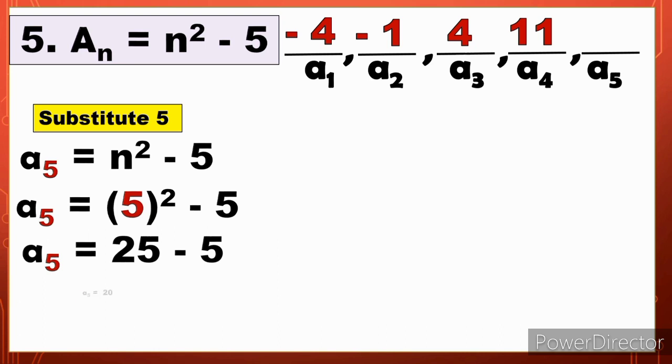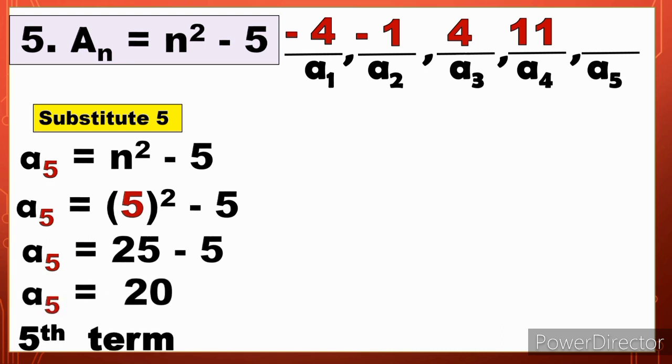And then, 25 minus 5 is 20. And a sub 5 is 20 or the fifth term is 20. Kaya ang first 5 terms ng given rule or equation natin, which is a sub n equals n squared minus 5, ay negative 4, negative 1, 4, 11, 20.